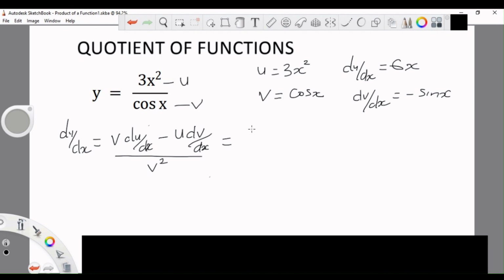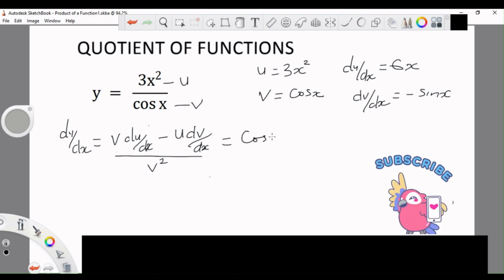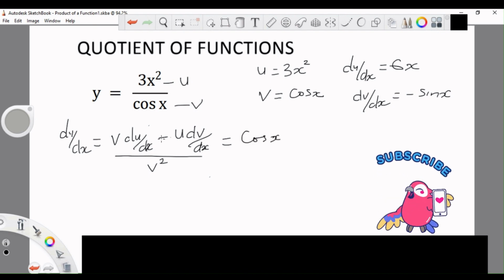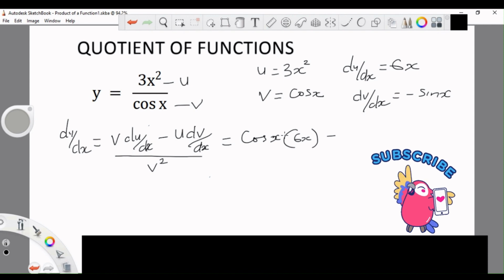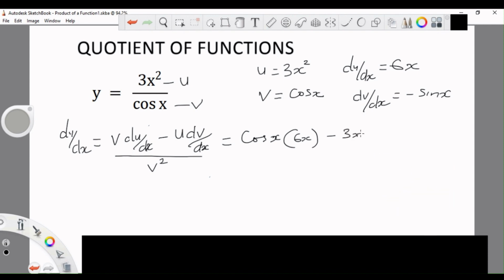So our v is cos x times du/dx, which is 6x, minus our u, which is 3x squared, times dv/dx, which is negative sin x, over our v squared. Our v is cos x, so it's cos x all squared.